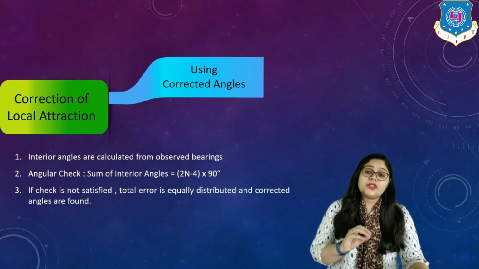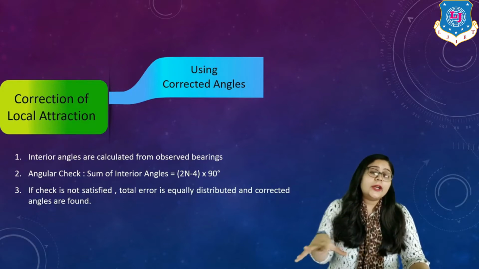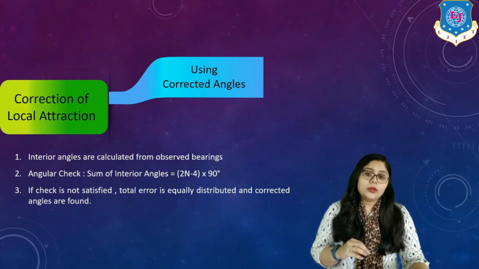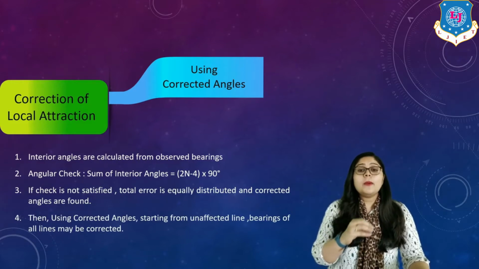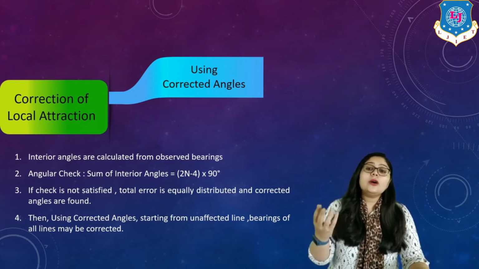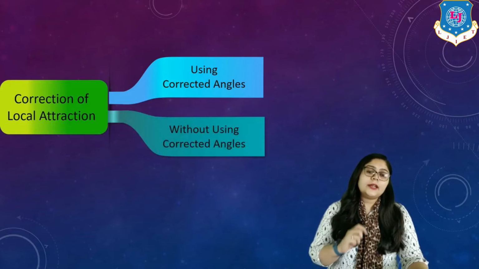If the check is not satisfied, the total error is equally distributed and corrected angles are found. Then, starting from the unaffected line, the bearings of all lines can be corrected. So this is the method using corrected angles.